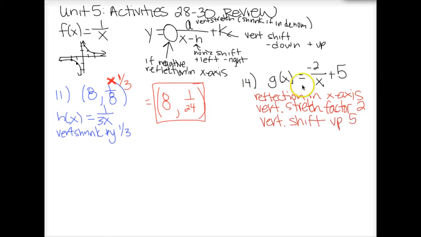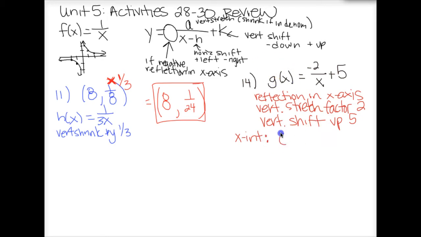Now again, you didn't have to write this out. I am writing this out as a part of my work. It didn't ask for it in this particular case. What it did ask is for you to list the x and y intercepts as well as the asymptotes before you graphed it. So for an x-intercept, you plug in 0 for y and solve.